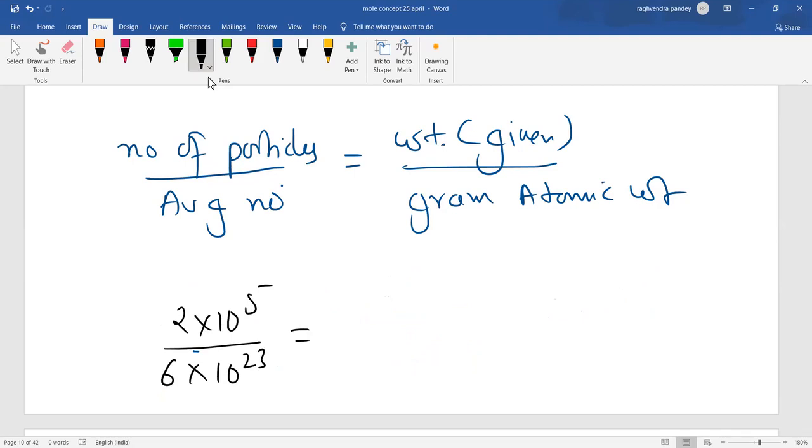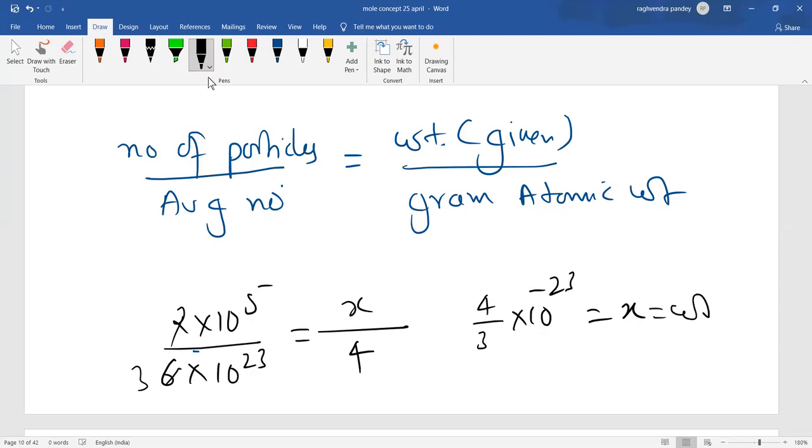Weight you have to find, so we are putting it as x. Gram atomic weight is 4. So 2 threes are 6, so that will be 4 by 3, into 10 to the power minus 23, is equal to x. So x is the weight. That is the solution.